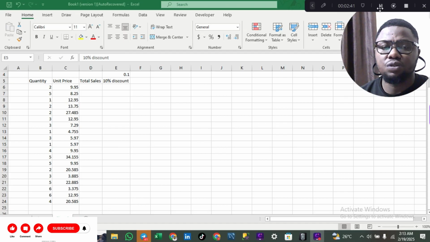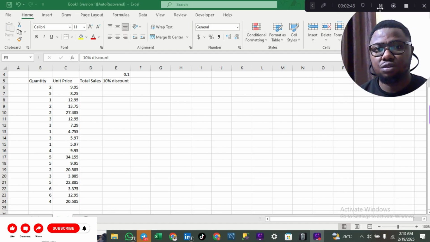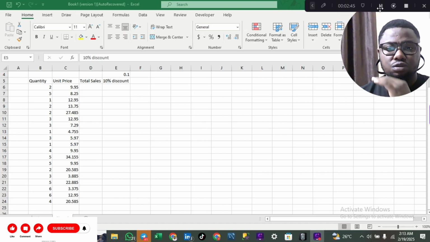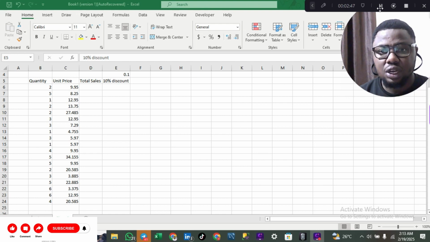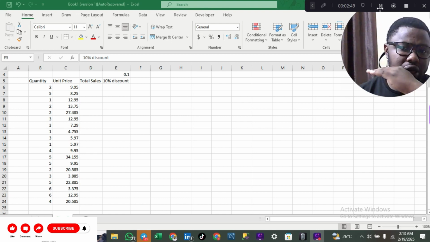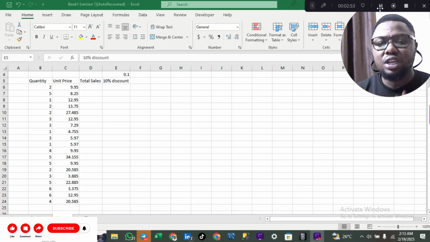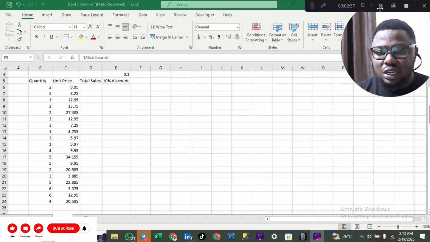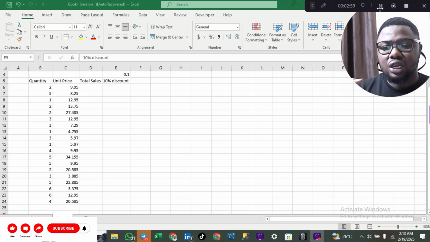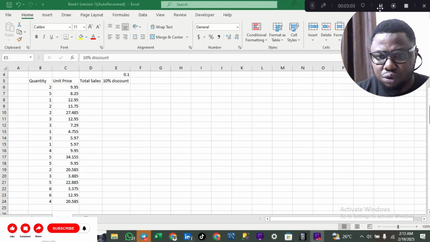Relative is when you allow your cell to move wherever, your calculation to move across the cells, either in the rows or in the columns. But mixed cell referencing means you bring in absolute and relative together.